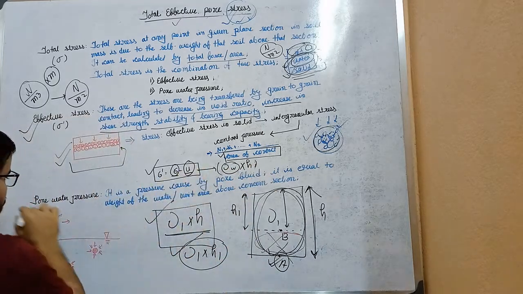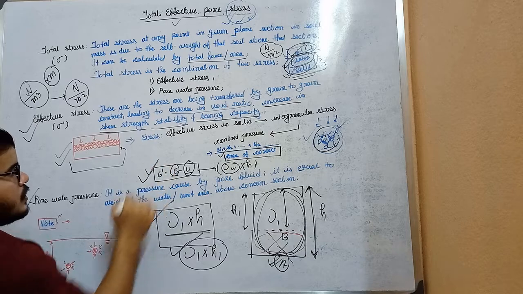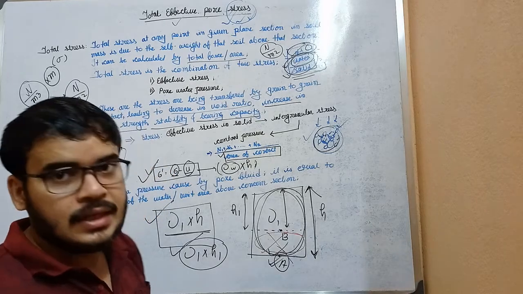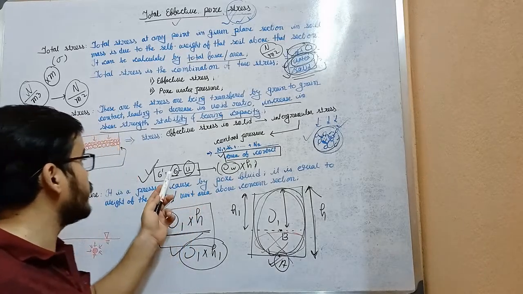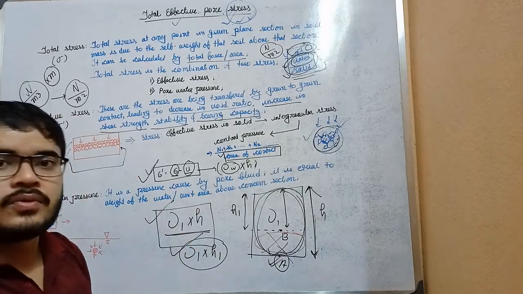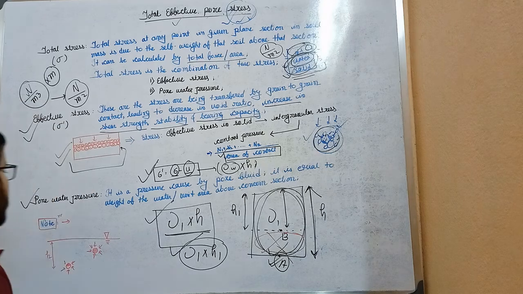Okay, that I am coming to next. So that's why effective stress is calculated in a reverse way, that is total stress minus pore water pressure. Okay, and now pore water pressure.